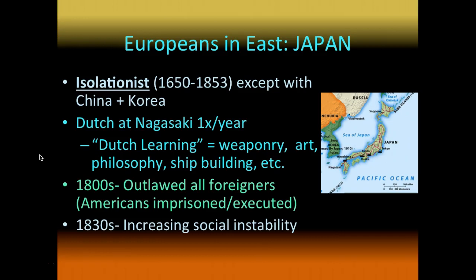The Dutch brought books that provided a vision of the outside world, European art and philosophy and shipbuilding and weaponry making, which was really important to Japan. Only leaders and a few others were allowed to look at these European books, and a tiny bit of Japanese culture was allowed out with some of the goods that were being traded.